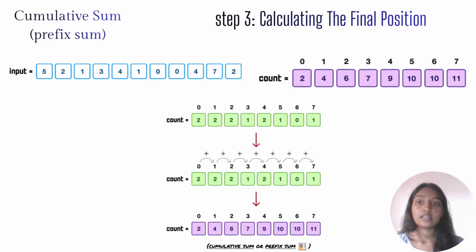Each distinctive element is represented as the index position in our count array. So what we are going to do next is evaluate our count array to better describe the sorted position each item will ultimately be in.